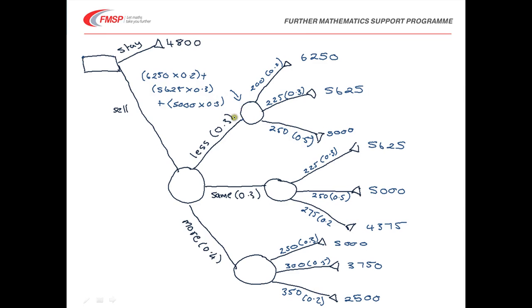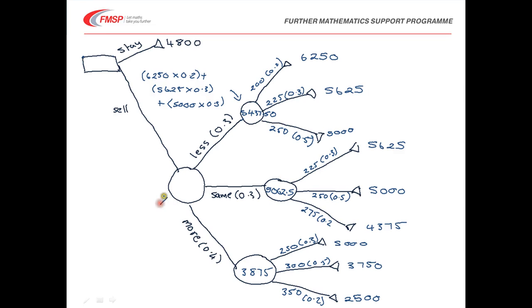And when you work all that out, it comes to £5,437.50. Sorry, it won't quite fit in my box. Do the same for the others, and this one is 5062.5, and the one down here is 3875. So that's one set of chance nodes done.